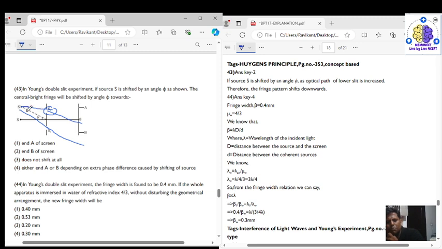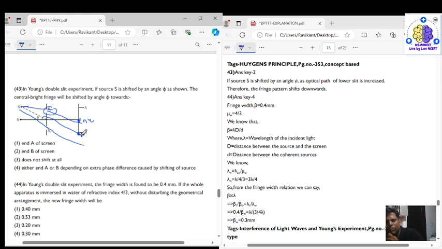So the path difference will be 0 for both the waves somewhere here, right? So initially the central maximum was here because here delta x was 0. But now the position where the delta x will be 0 will be here, right? Therefore, it will shift towards the end B of the screen, right?